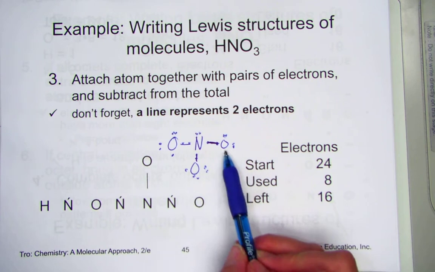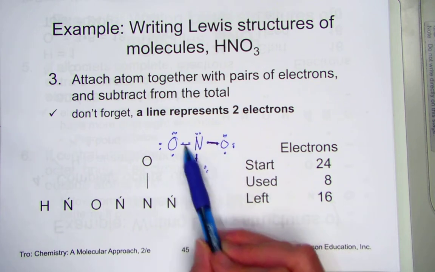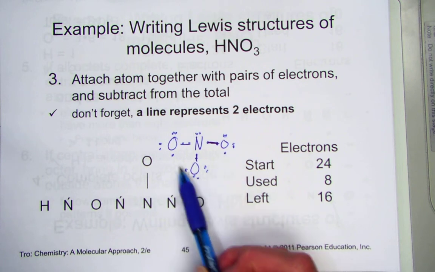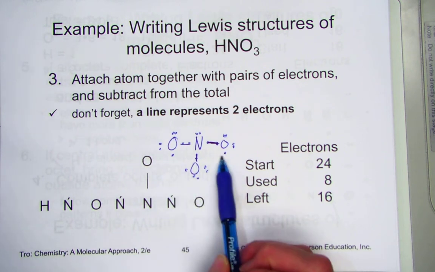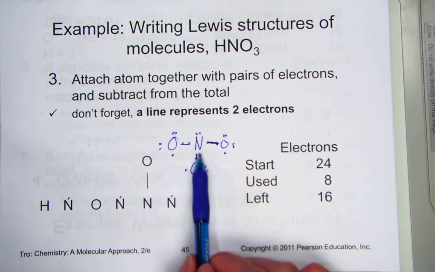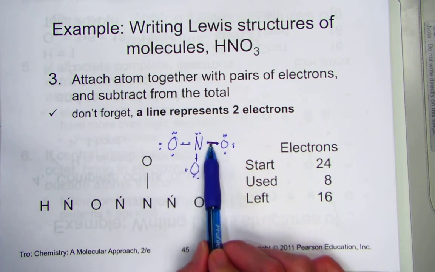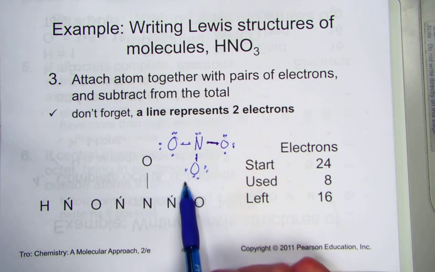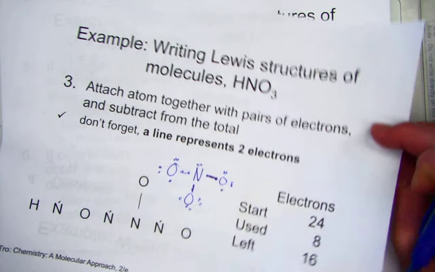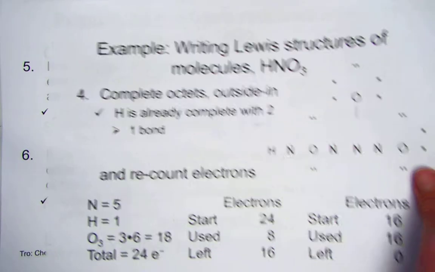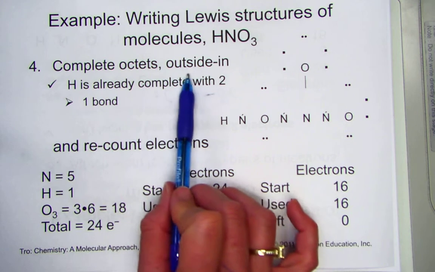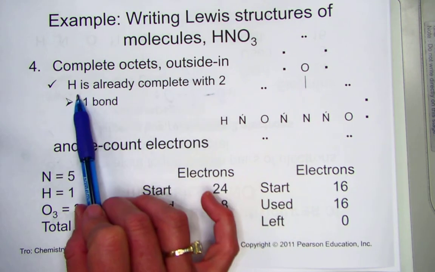Now what I notice is that I have nitrogen with 3 single bonds, but I know I'm not done yet because I have 1, 2, 3 electrons that are unpartnered, 1 on each of the oxygens. Actually, the nitrogen looks fine, 2, 4, 6, 8, but I'm not done yet. I know that because I have a hydrogen to fill yet, and I have electrons that are unpaired on each of the oxygens. So really, that's what they've done for us here. They've completed the octets outside in.